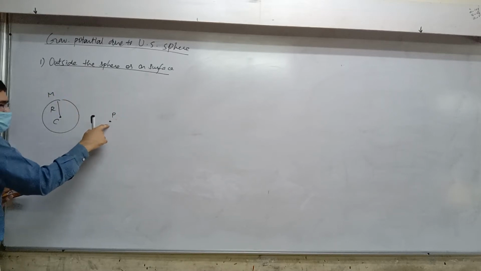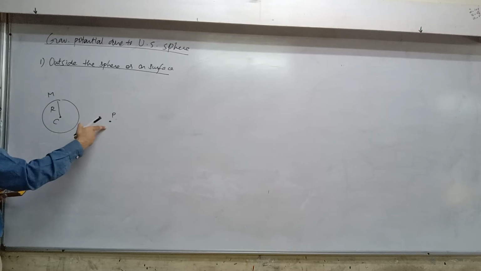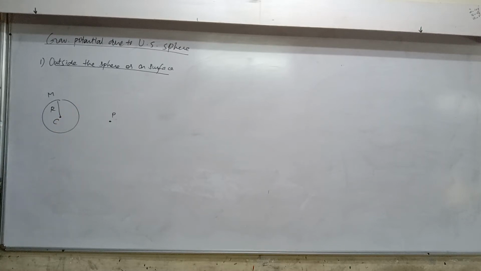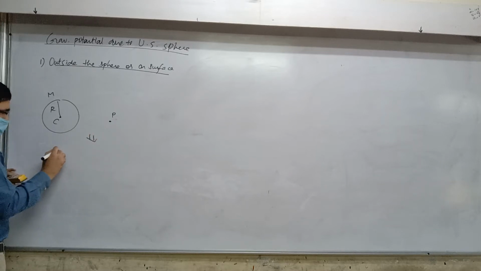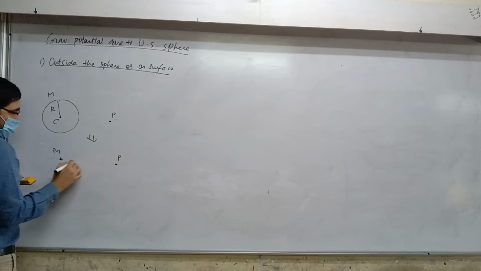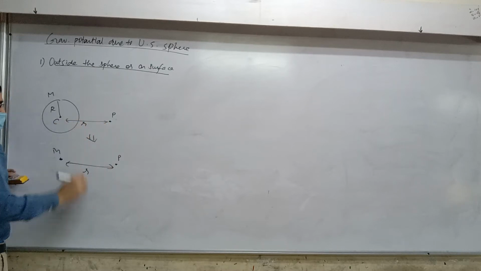At this point we want to find the potential due to this sphere. Whenever a point is outside, we just assume the whole mass is concentrated at the center, so it is an easy case. Here is the point P.